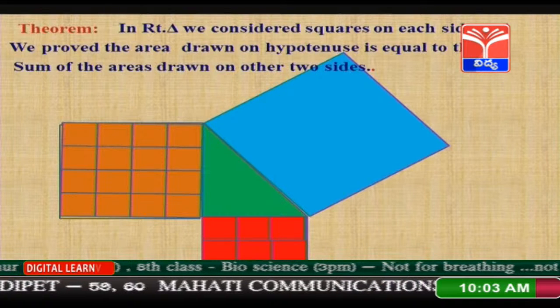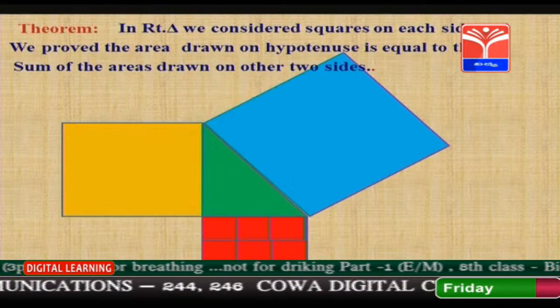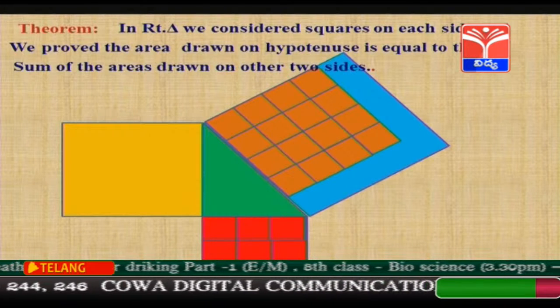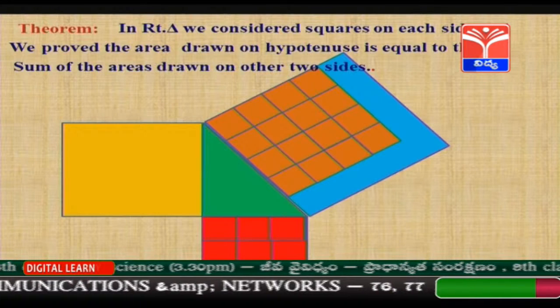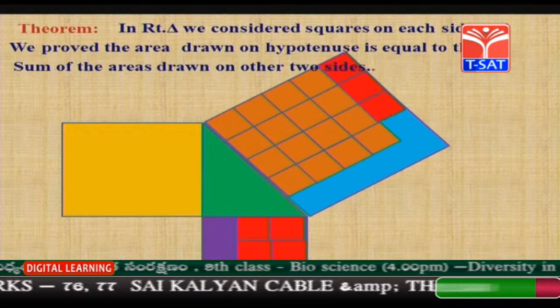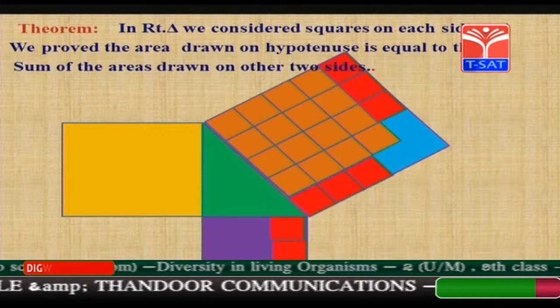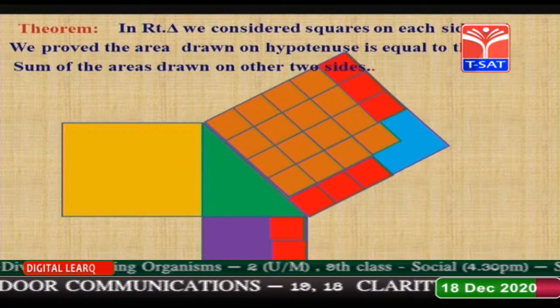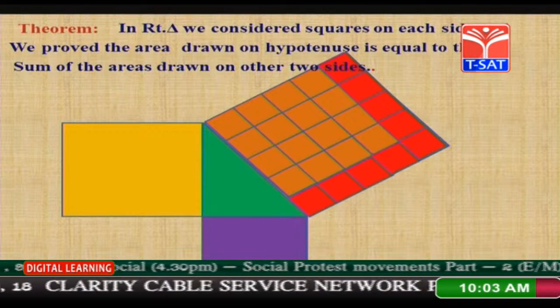Now, what I am doing, I am superimposing these unit squares on the hypotenuse. Now, I am replacing these unit squares on the hypotenuse square. Again this time I am replacing these 3 also, and this time I am replacing, and the remaining one I replace it here.